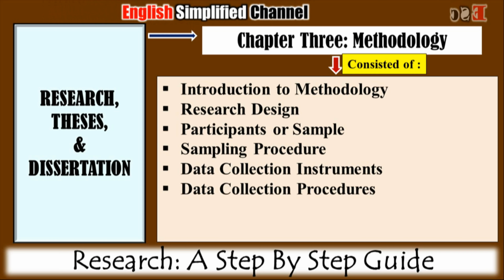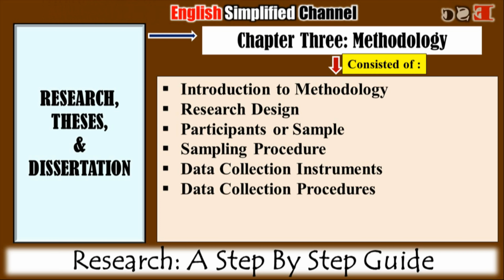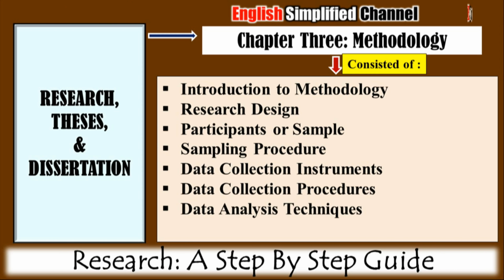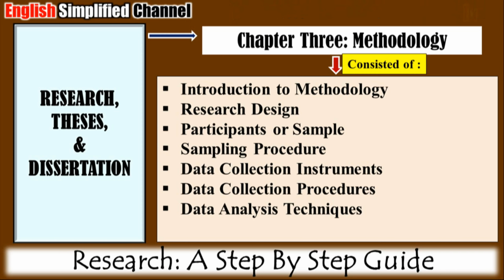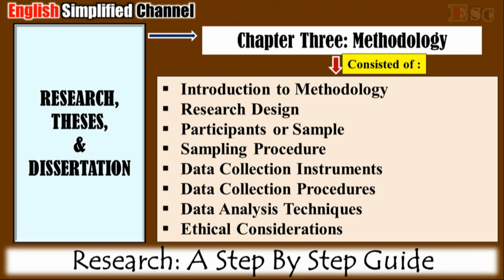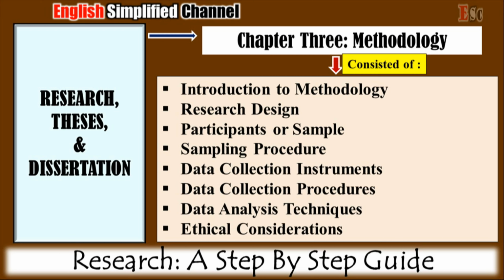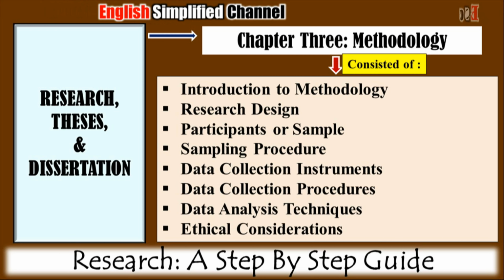The data collection procedures. Detail the procedures followed to gather data from participants. The data analysis techniques. Explain the methods used to analyze the collected data. The ethical considerations. Address ethical issues related to participant rights, confidentiality, and informed consent.